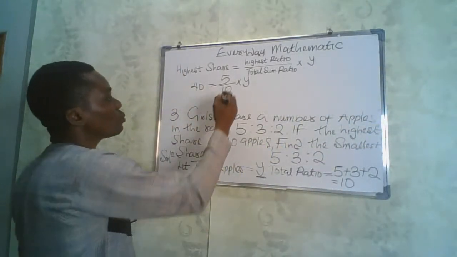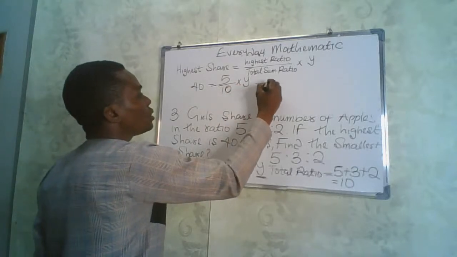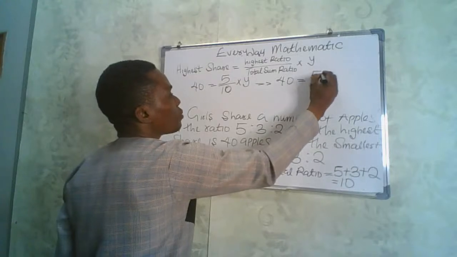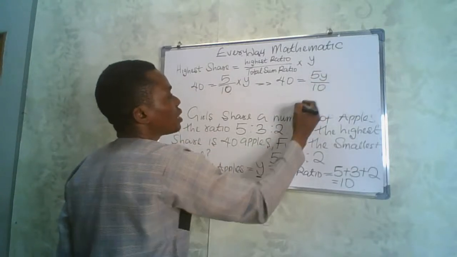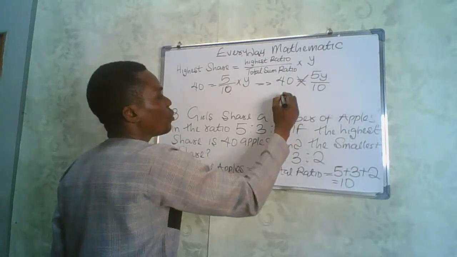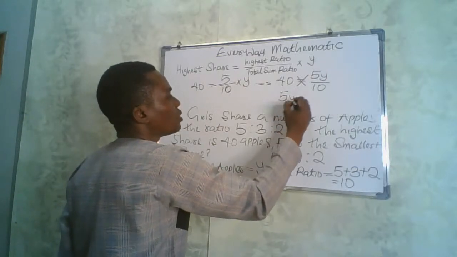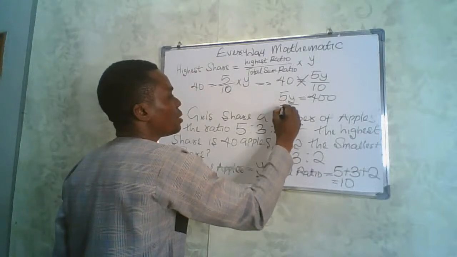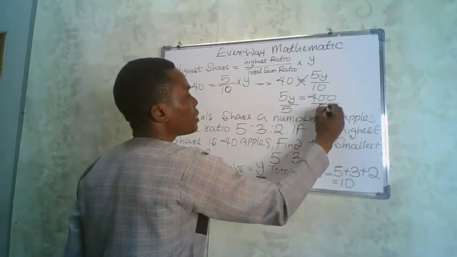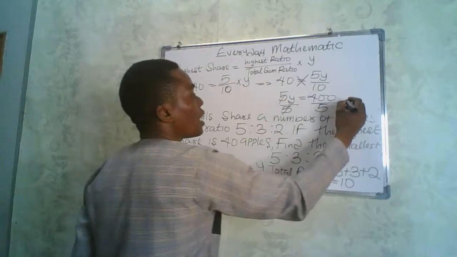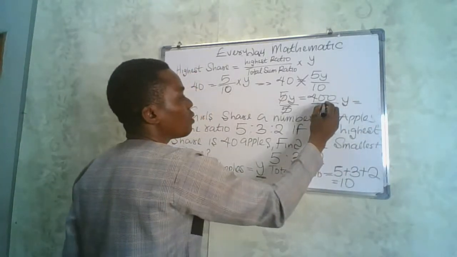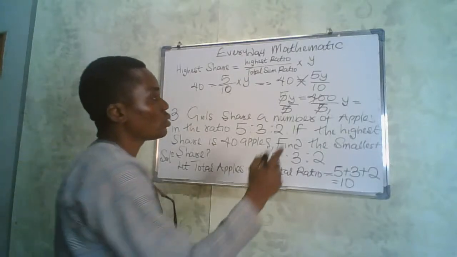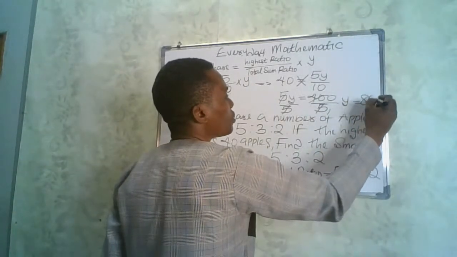This will now give us 40 equal to 5y divided by 10. So when we cross multiply, we're going to have 5y equal to 40 times 10, which is 400. If we divide both sides by 5, we're going to have y equal to 5 in 40, which is 8. So we're going to have y equal to 8.